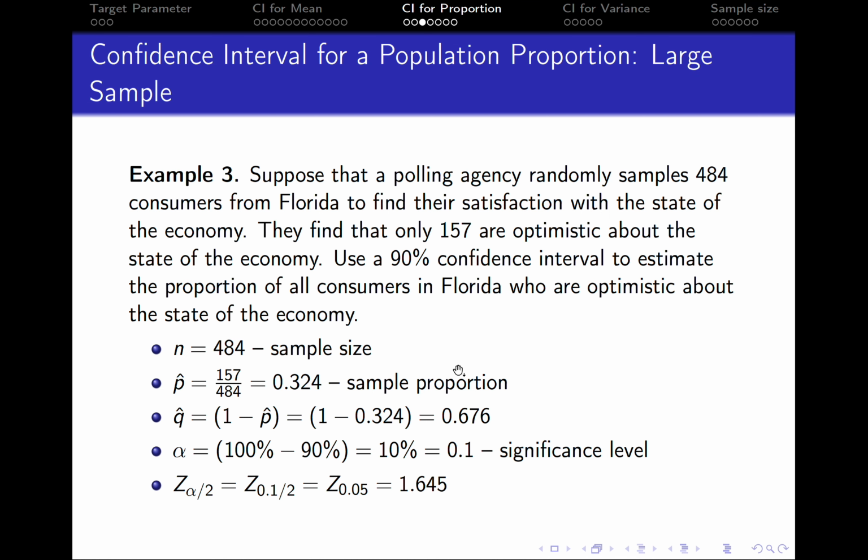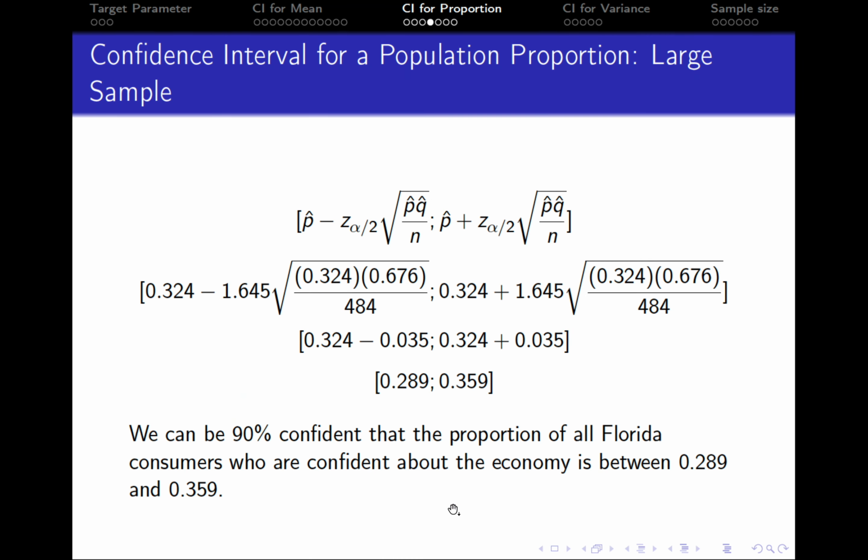We are also asked to use a 90% confidence interval, so we can get the significance level. 100 minus 90 is 10%, or 0.1, and we need the critical z-score. So for alpha divided by 2, which will be the critical z-value for 5%, or 0.05, which we know from the table is 1.645.